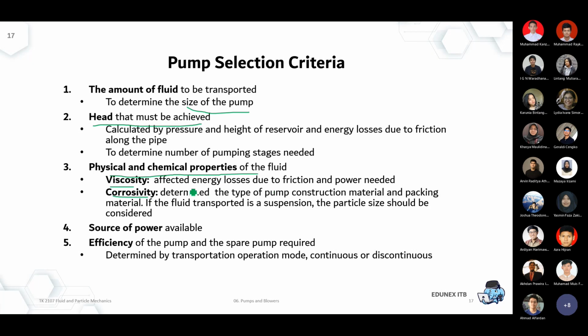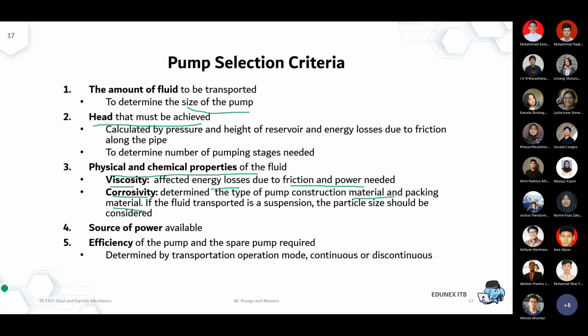If it's viscous, then it will affect the energy loss and the power needed. If it's corrosive, then it will affect the material, steel or any packing material. Packing material means the connection, the fitting, the nozzle, a lot of small parts of the pipeline.